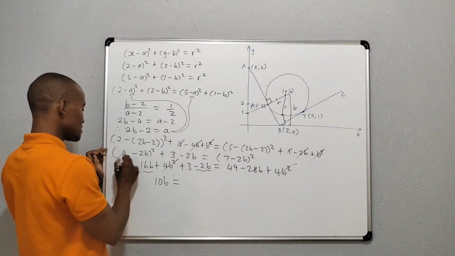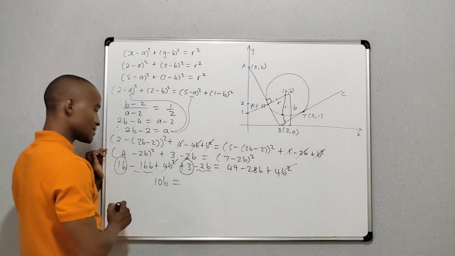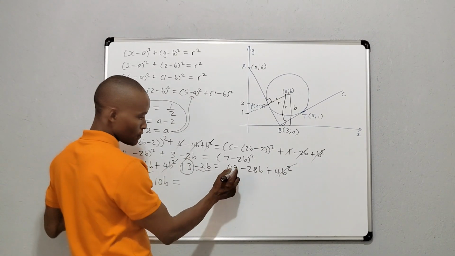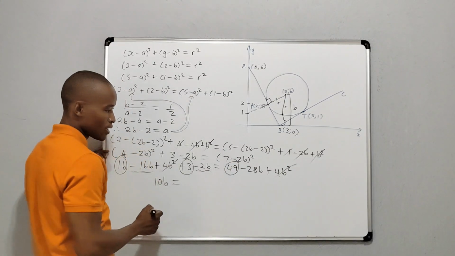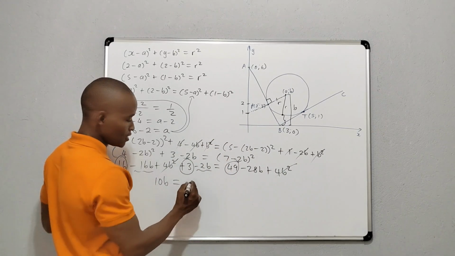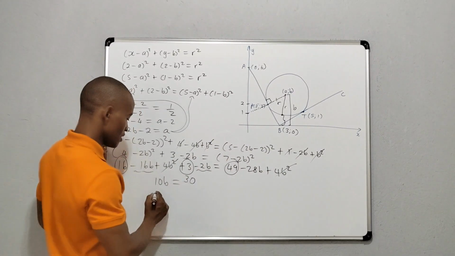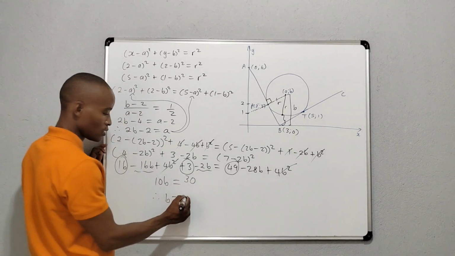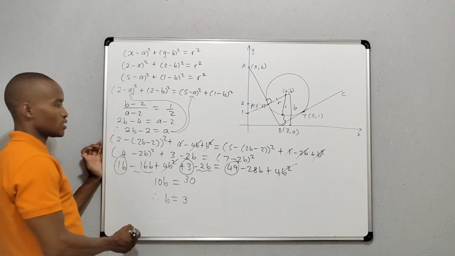We have 16 plus 3 giving us 19. Okay, we have a 49 there. So 49 minus 19, we get 30. And therefore b, the y coordinate of the center, is equal to 3.